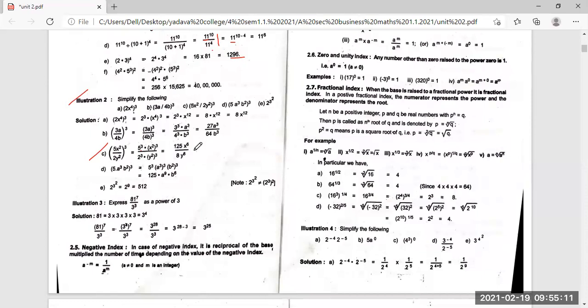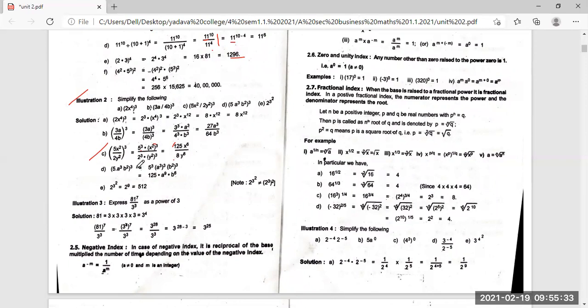That means 5 to the power of 3 is 125, 5 into 5 into 5, 3 times, 125, and x to the power of 2 into 3, 6, so x to the power of 6. Then 2 to the power of 3 means 2 into 2 into 2, so 8, 8 into y to the power of 6. So likewise, it goes on like this.